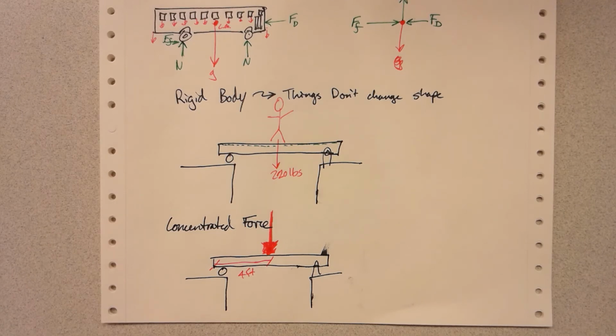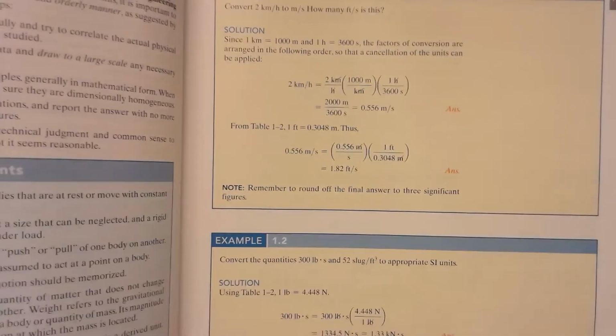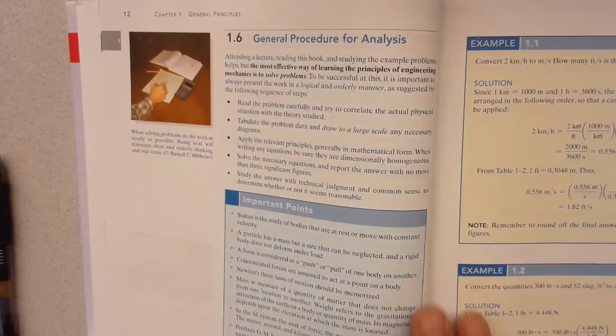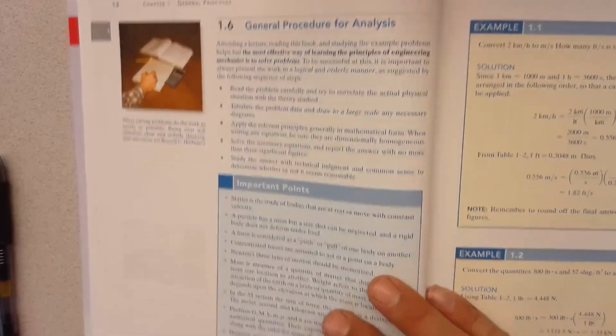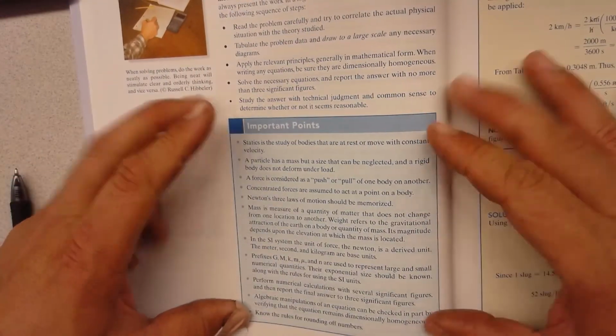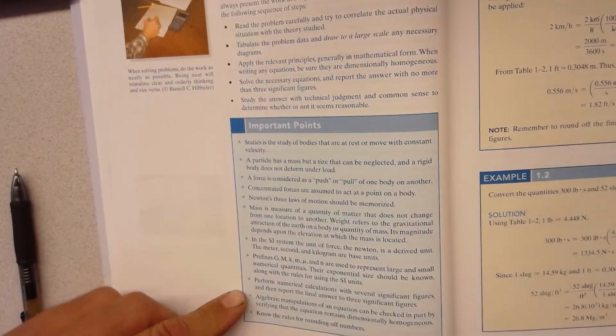I'd like to point out in your book, just as a matter of format, this is section 1.6. It talks about the general procedure for analysis, and it includes in blue these important points. These are things that you should know going forward.